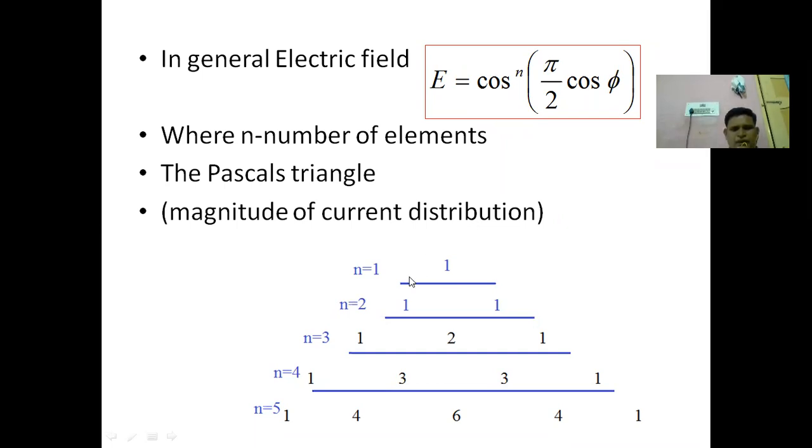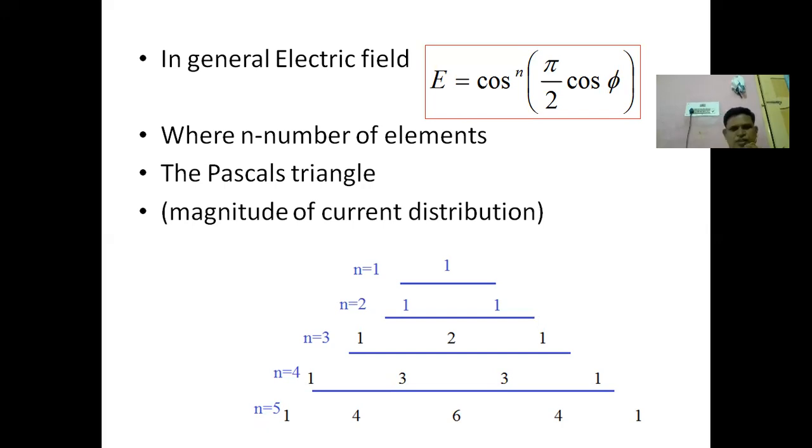Suppose we have one element, we give the current I. If n is equal to 2, we give I and I. If it has 3 elements, for the first element we give the current I, for the second element the current 2I, and for the third element the current I. In this manner, if we give these magnitudes to the antenna elements, we can eliminate the minor lobes or side lobes.